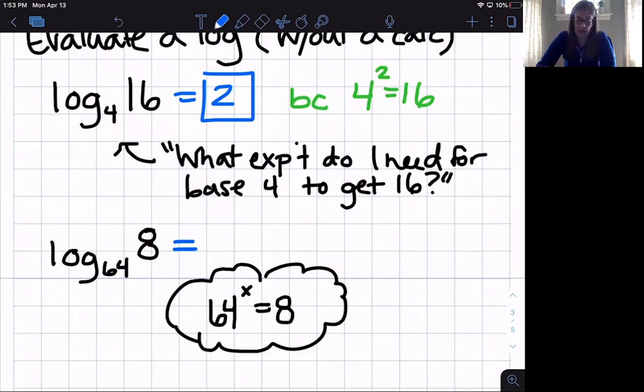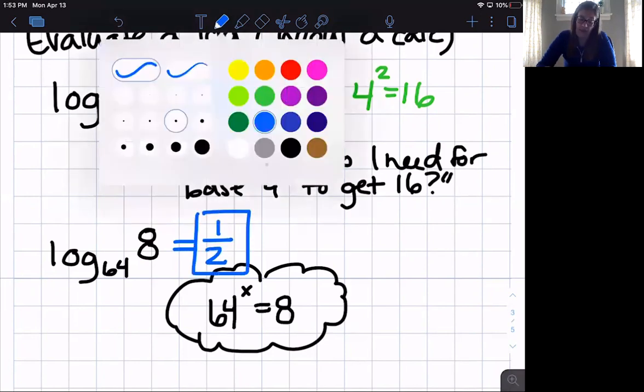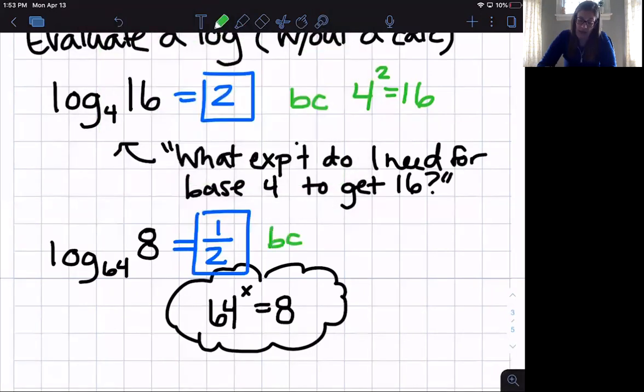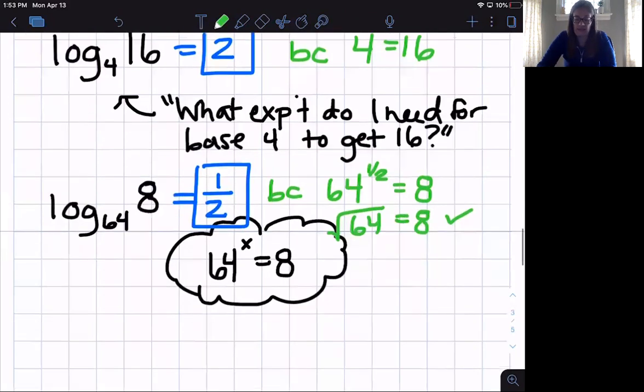A square root. So then the exponent that you're looking for is 1/2. And again, if it would help you out, write it out, because 64 to the 1/2 is equal to 8. That means the square root of 64 equals 8. Okay, makes sense.